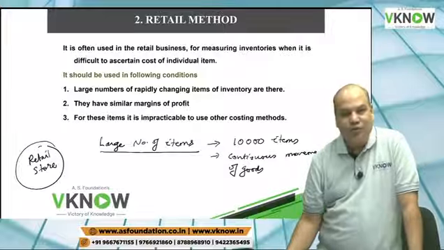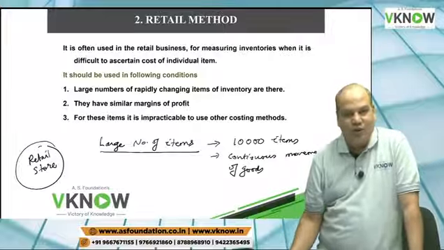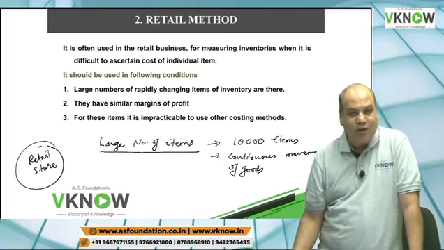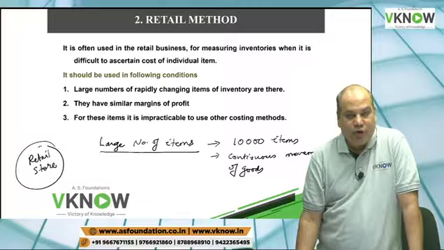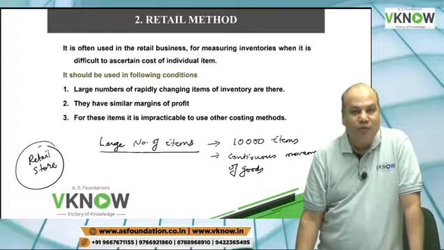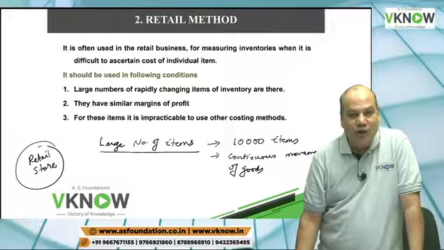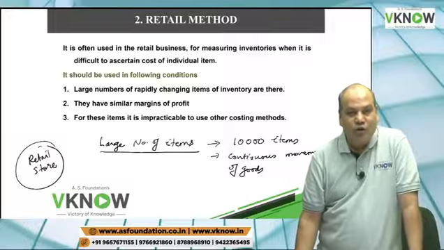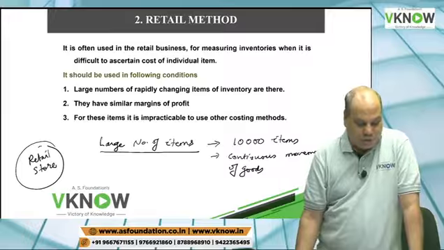Goods are coming in, goods are going out, customers are coming, and it is very difficult to maintain records. If it is difficult to maintain records, how will you apply FIFO, weighted average, etc.? So therefore one shortcut is given for such companies which are into retail.